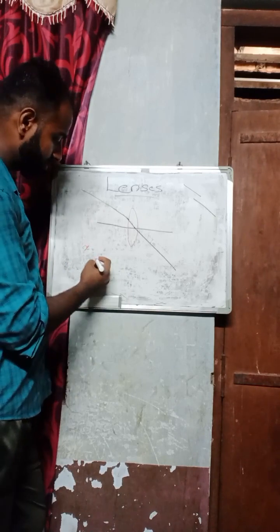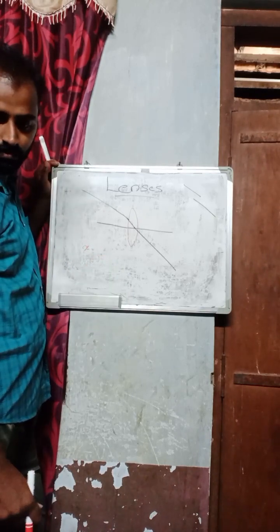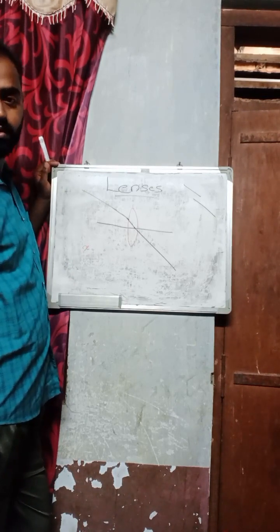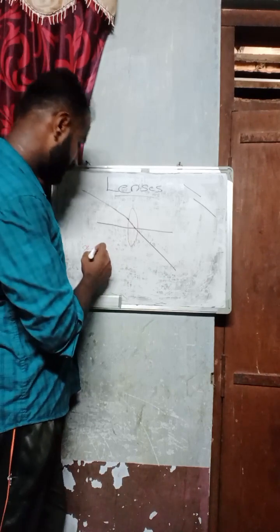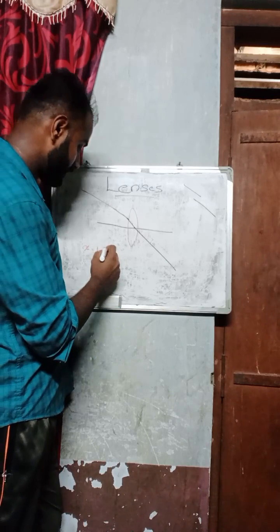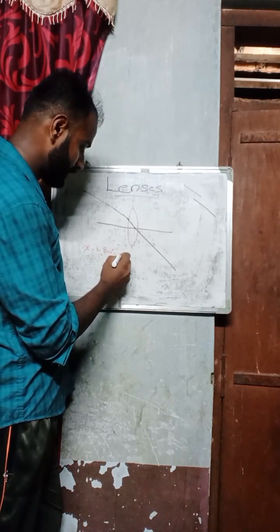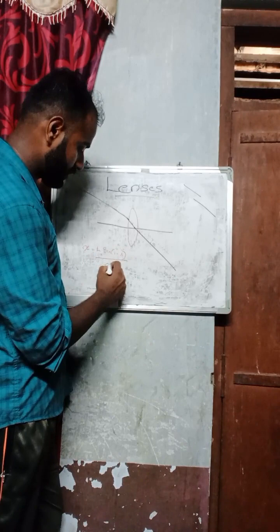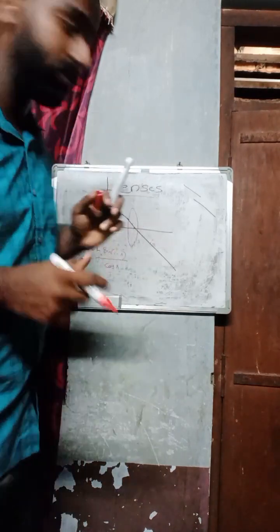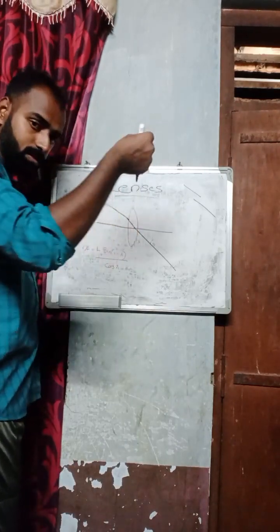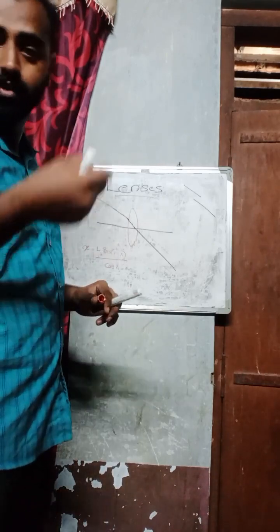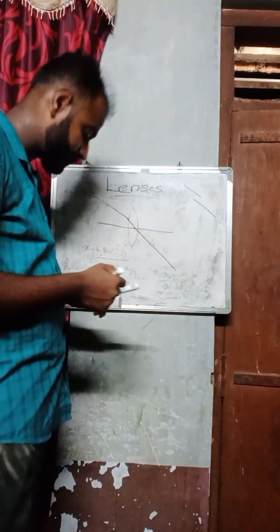What will be x? x is t into sin(i minus r) divided by cos r, where t is the thickness of the lens.